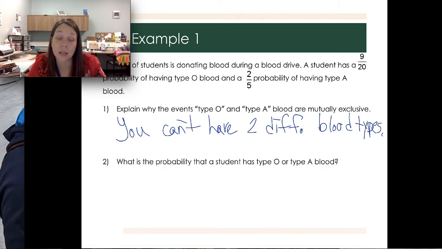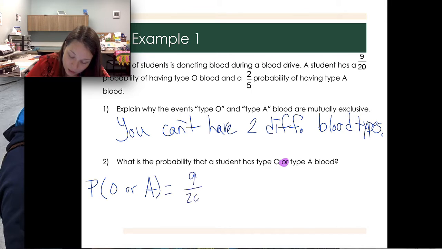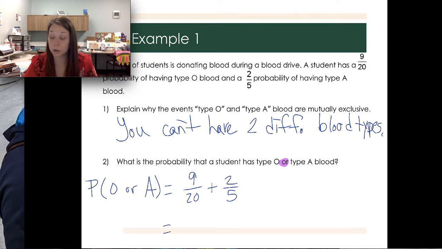What is the probability that a student has type O or type A blood? This is an or probability because we're finding the probability of either event. So we're going to add them together. So we'll take 9 out of 20 plus 2 out of 5. When adding fractions, you should have a common denominator.